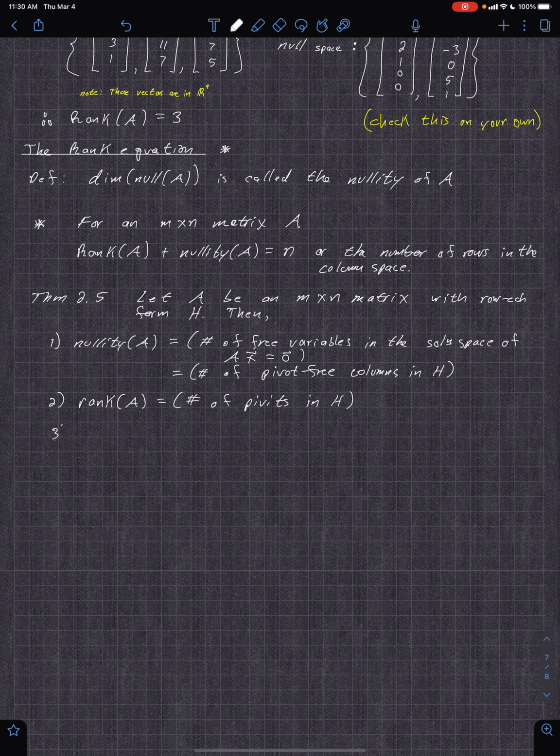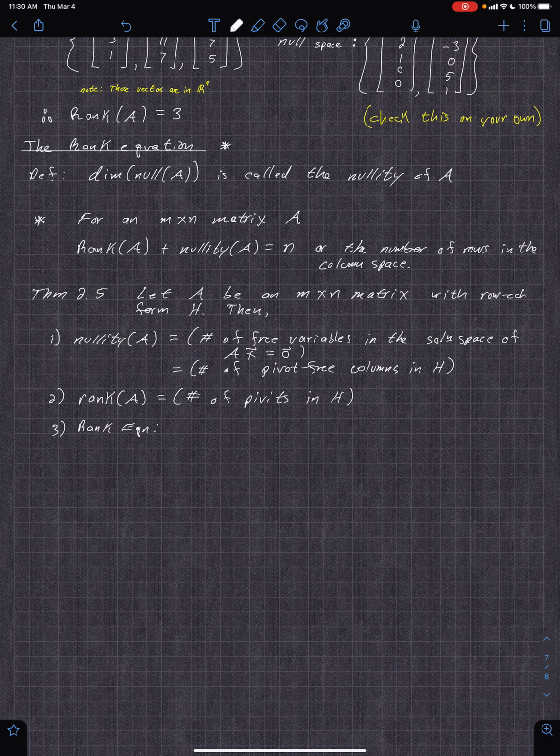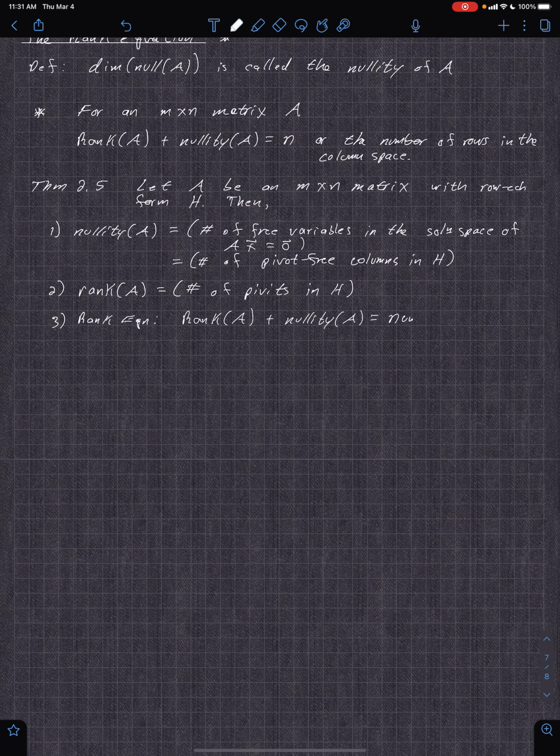And then 3 is really just the rank equation. So the rank equation: rank of A plus nullity of A is the number of columns in A. I'll even write that out: number of columns.